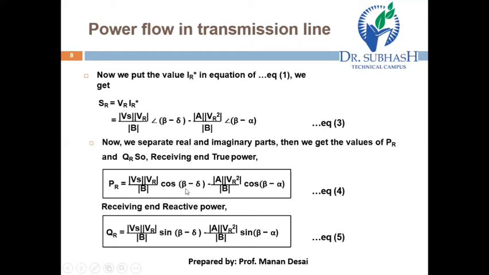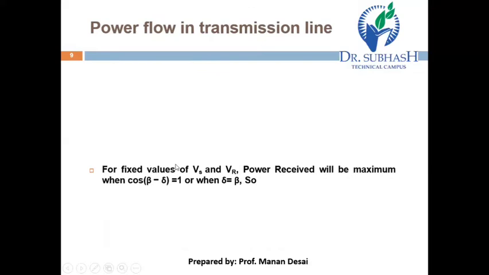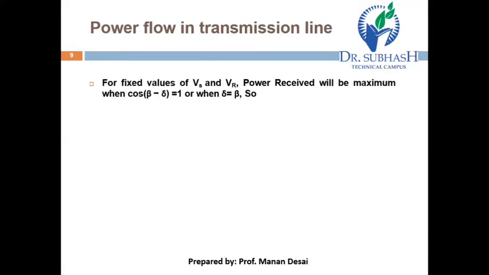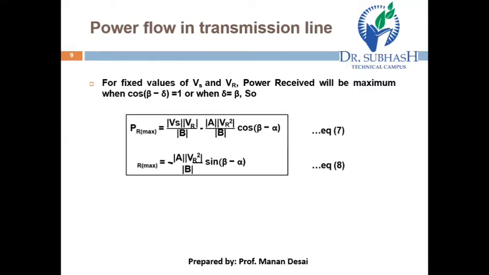So for the maximum power, we have to calculate the variable component, and the variable component is this: cos(beta minus delta). If cos(beta minus delta) is 1 and delta is equal to beta, then we achieve maximum power at the receiving end.